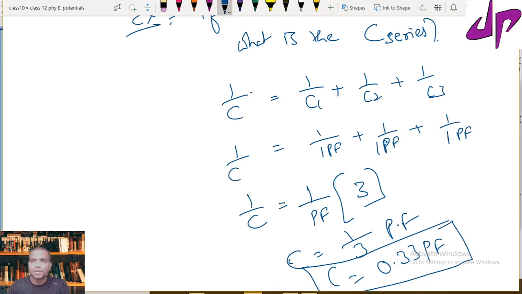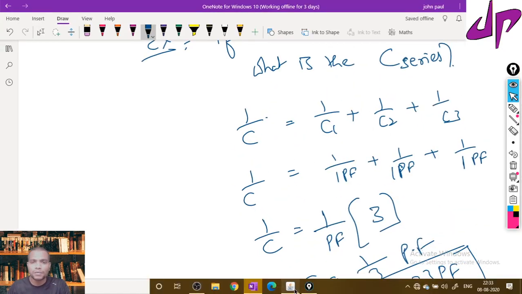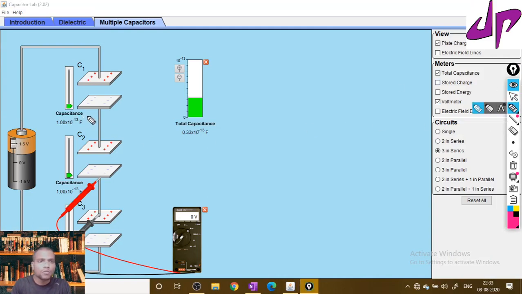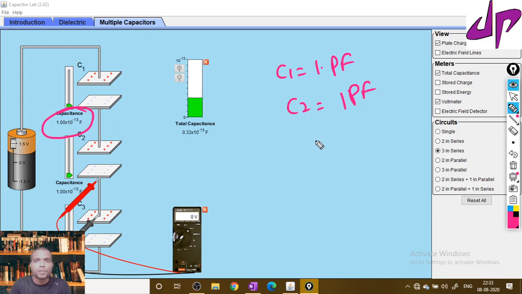That's the same example we were seeing here. Each capacitor has the value of 1 picofarad: C1 equals 1 picofarad, C2 equals 1 picofarad, and C3 also 1 picofarad. Now what is the total capacitance?